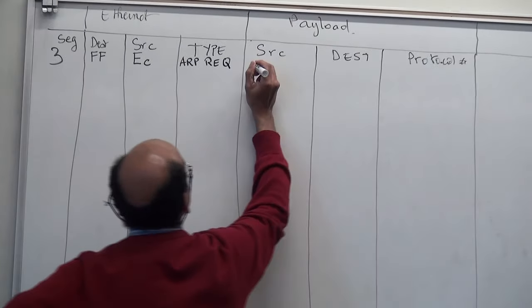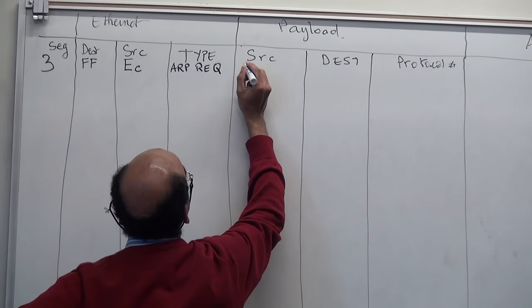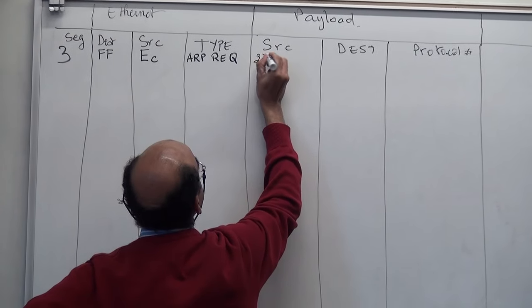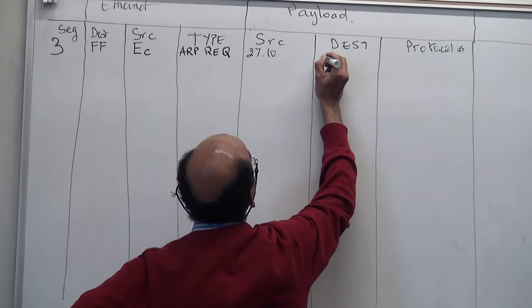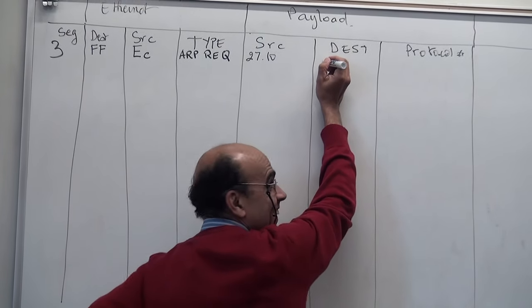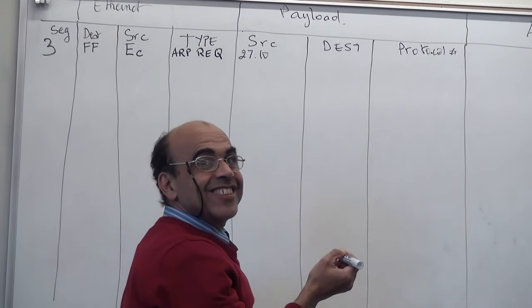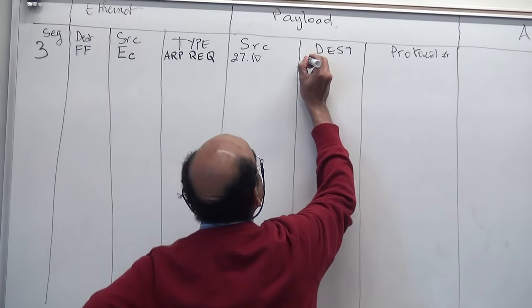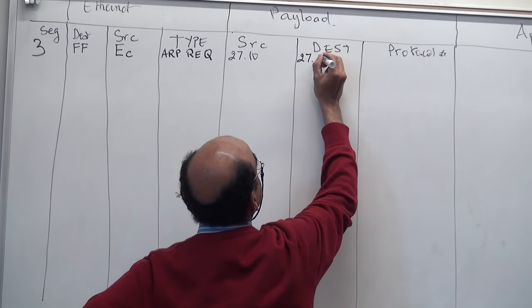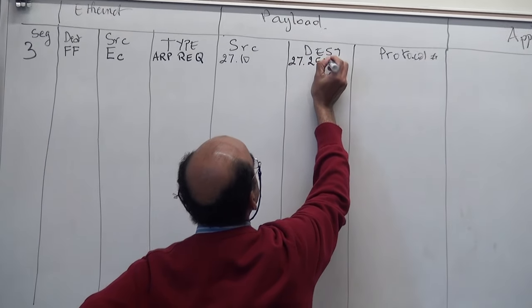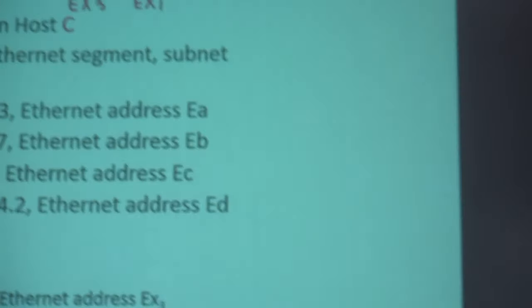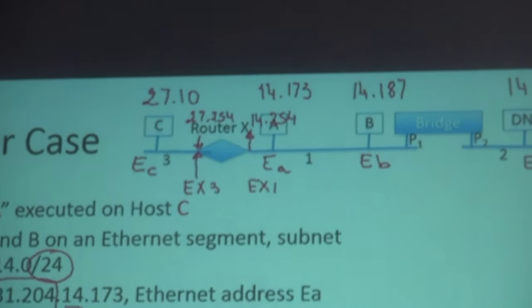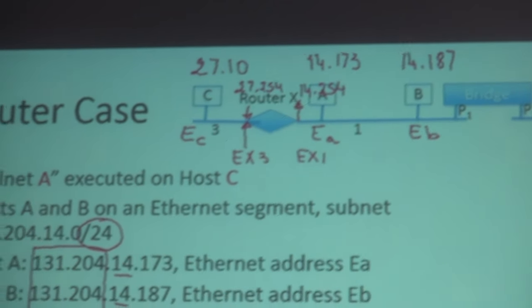What is the source asking for this? 27.10, looking for 27.254. Yes, it's looking for the router, right? So the mistake would be to say it is looking for the DNS, right? No, at this time we are just trying to reach the router, okay?